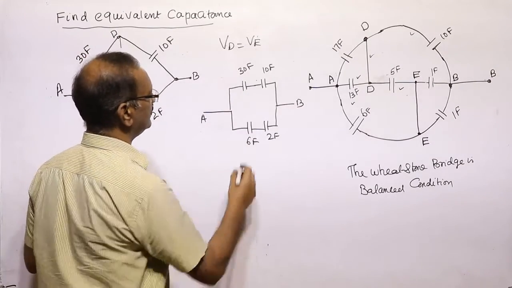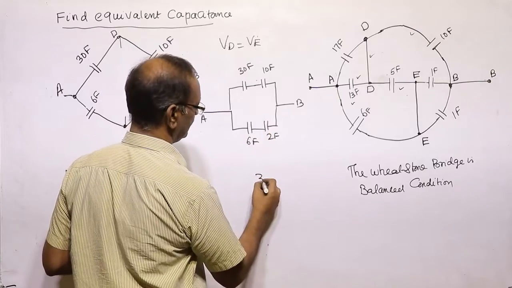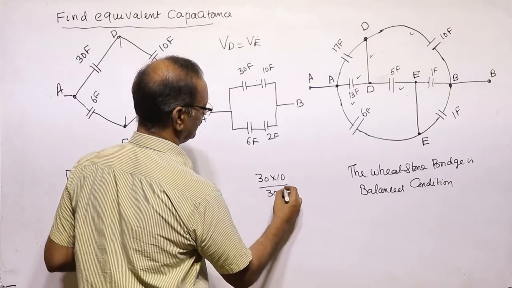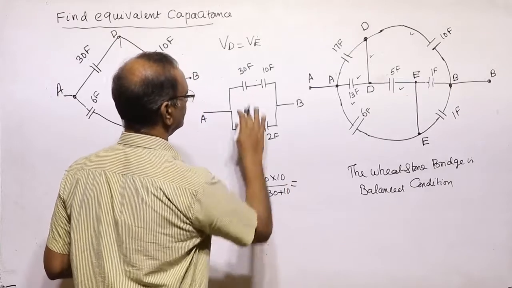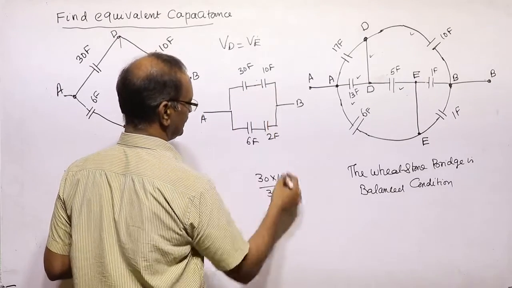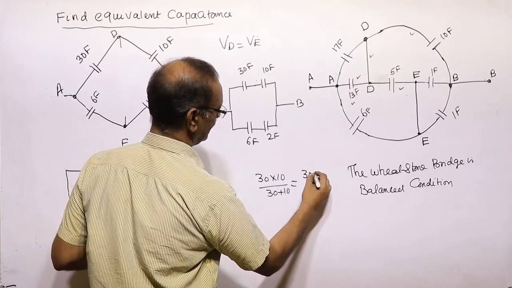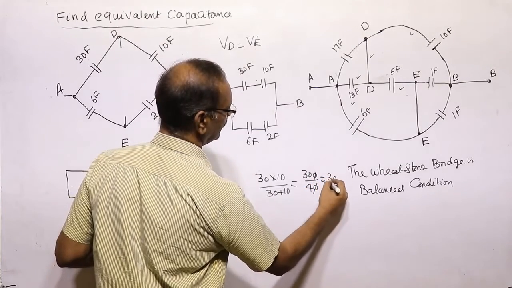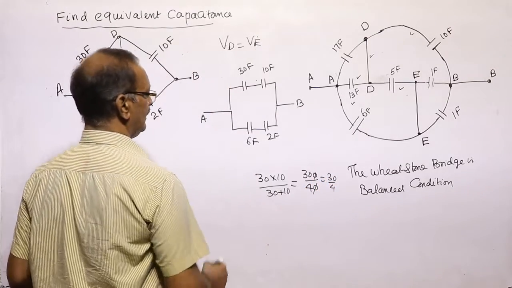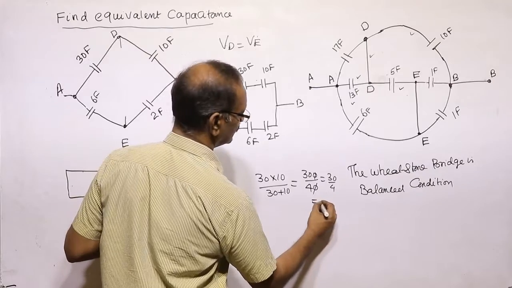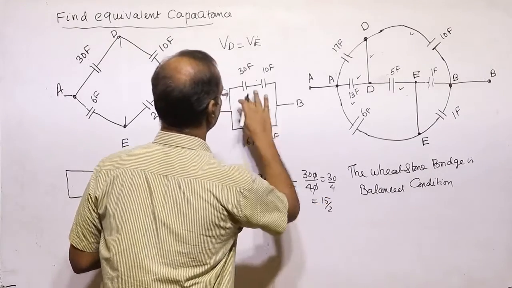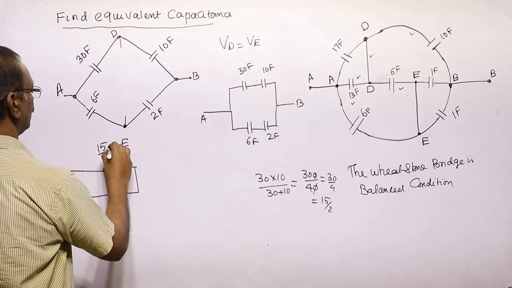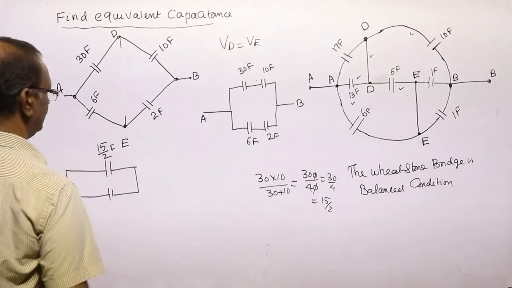Between A and B, these two are in series, that is 30 into 10 divided by 30 plus 10, which is 300 divided by 40, that is 30 by 4, which is 15 by 2. So this combined is 15 by 2 farad.